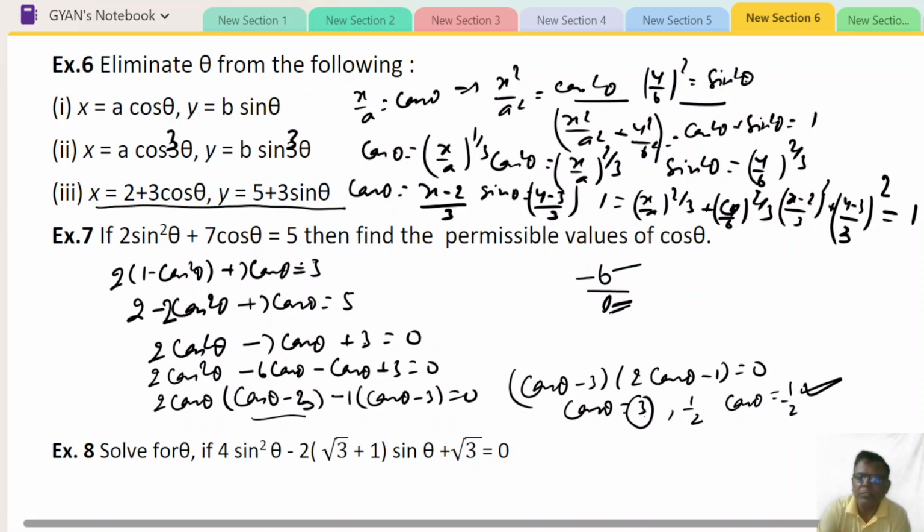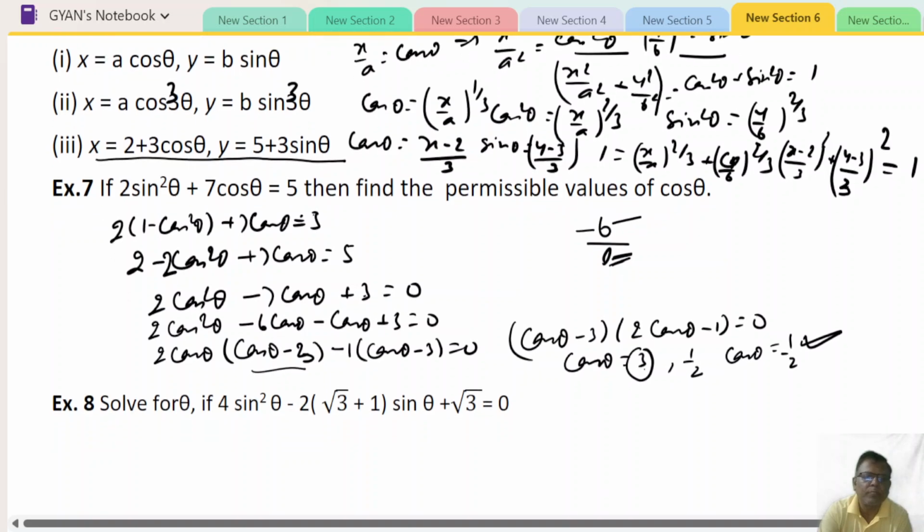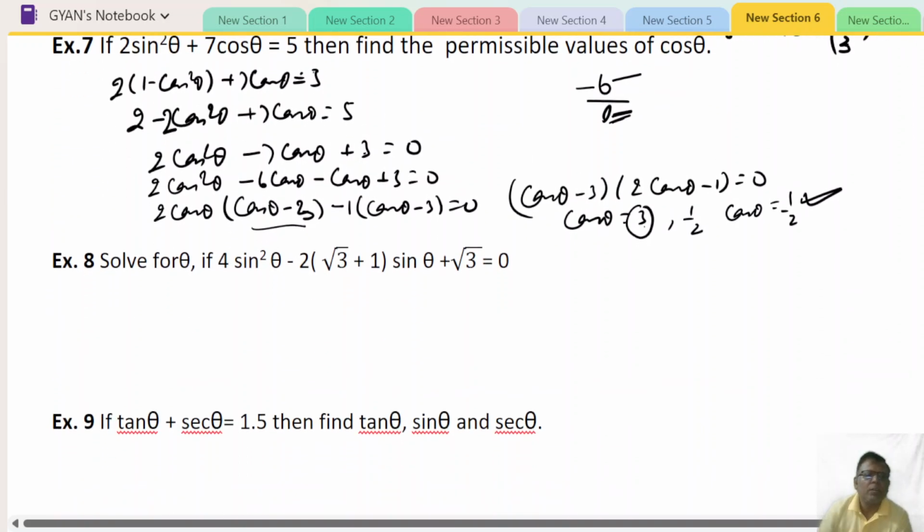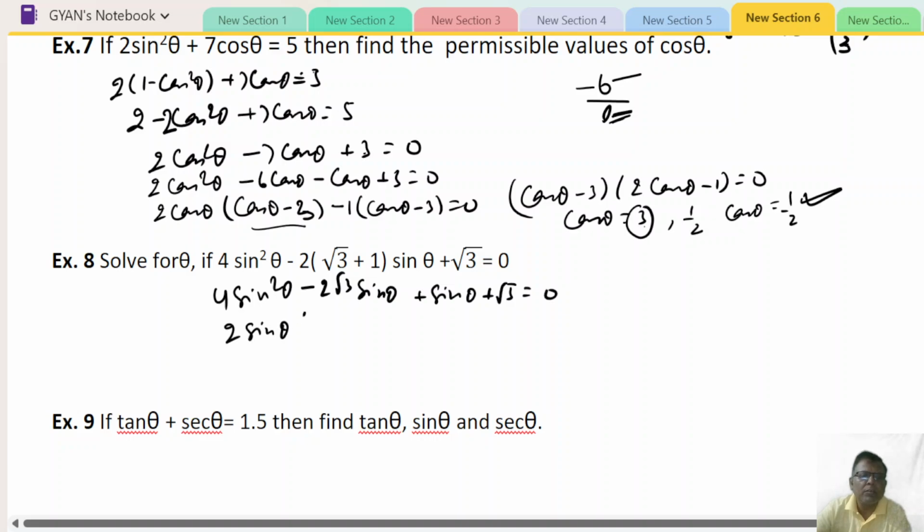Now come to question number 8. So here also you will have to do the trick. So 4 sin square theta minus 2 root 3 sin theta plus sin theta plus root 3 is equal to 0. Now take 2 sin theta common.